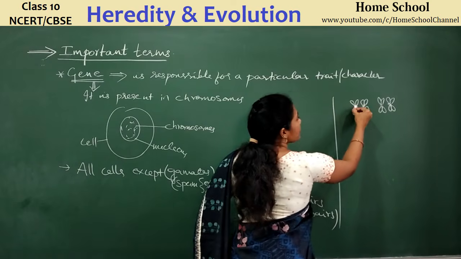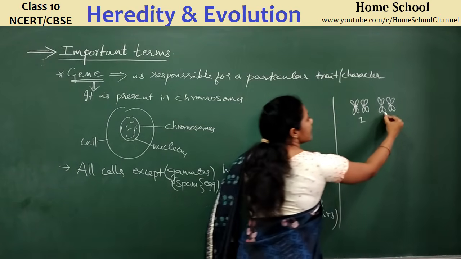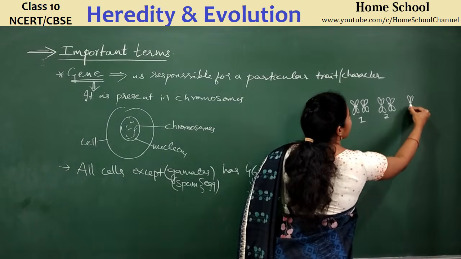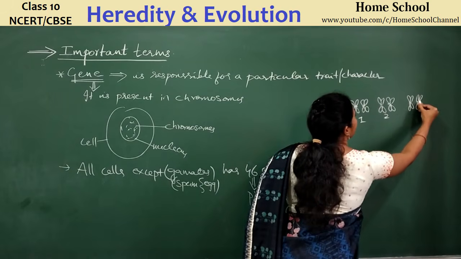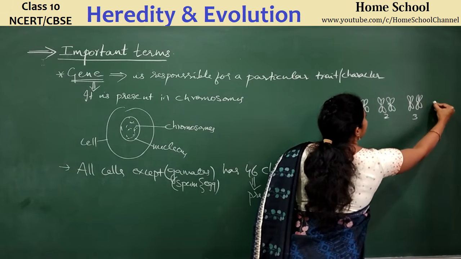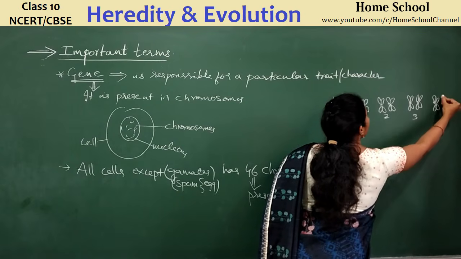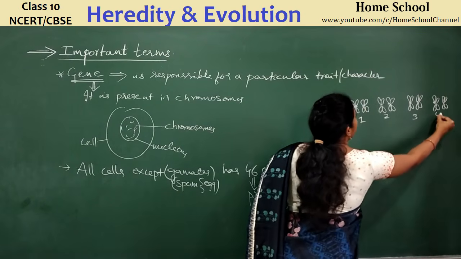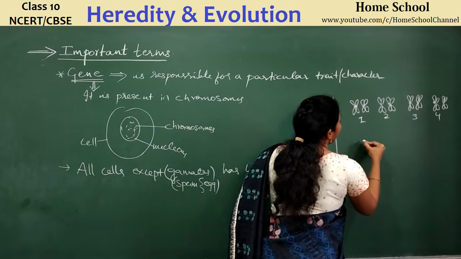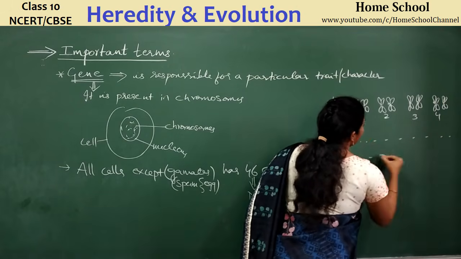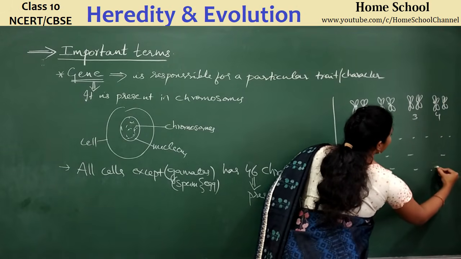This is how chromosomes look. This is the second pair, this is the third pair, and this is the fourth pair, like that. You have the fifth pair, sixth pair, seventh pair, eighth pair, like that.